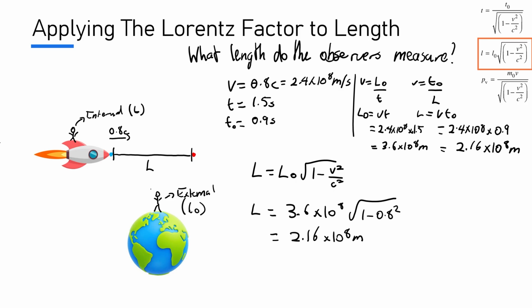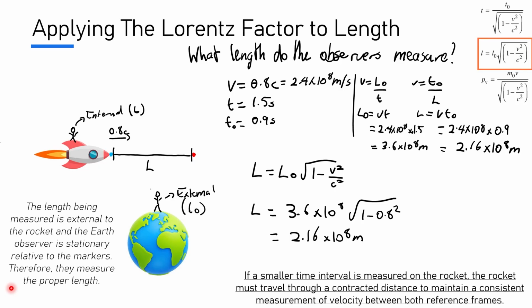So by substituting in our proper length as well as the speed of the rocket, we can calculate that the expected contracted length is exactly equal to the contracted length that we just previously calculated, which was 2.16 times 10 to the 8 meters, thus demonstrating the interconnectedness between the time dilation and length contraction formula.